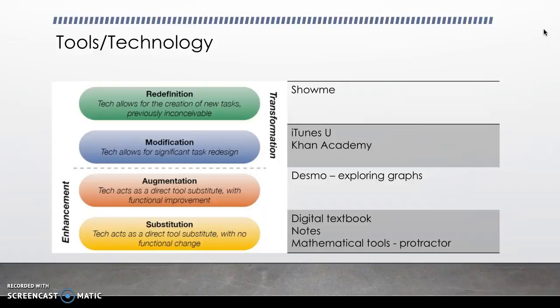At the higher level, if we were to get them to draw graphs, it would probably take them some time. But if we want to get them to do an exploratory activity, we can use the Desmos app to show the various graphs and the various types of graphs as well.